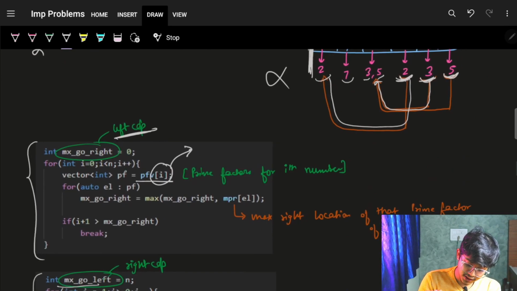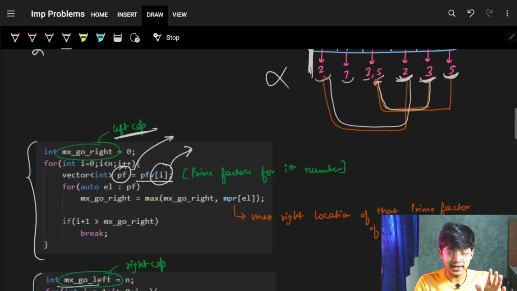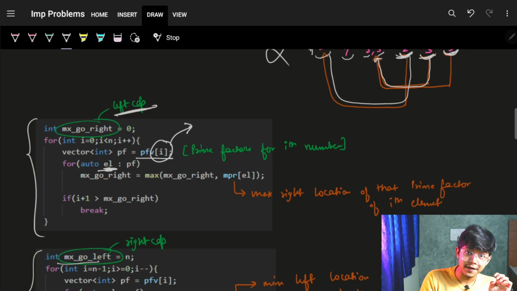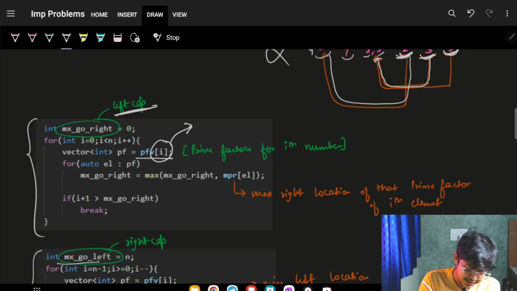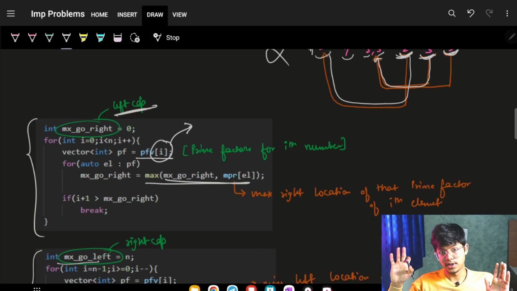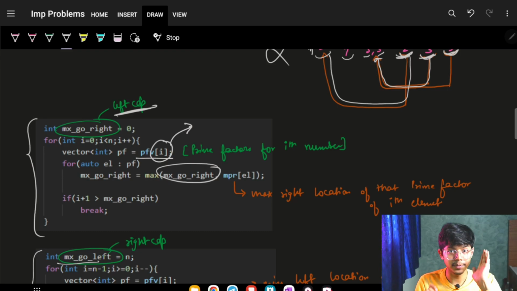So here, this prime factor vector will store all the prime factors for that particular number at the index i. Cool. I'll iterate on every one of these prime factors at that particular index i and see what is the maximum location it is bound to go. What is the maximum go right for that particular prime factor.